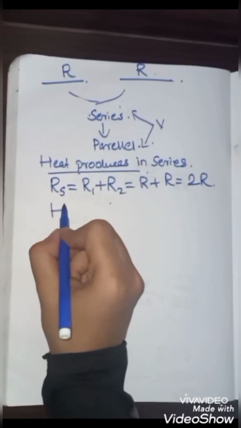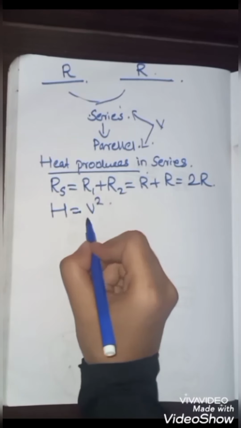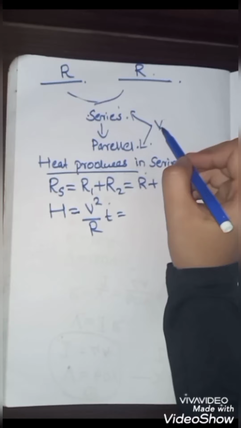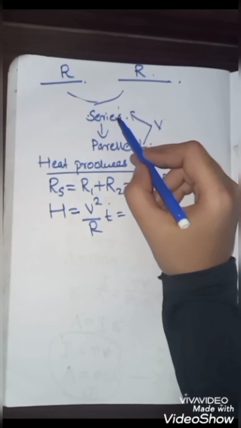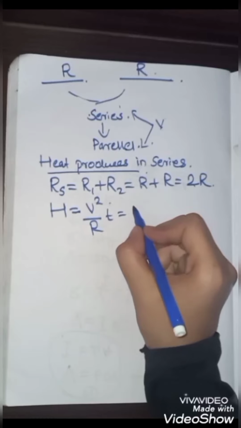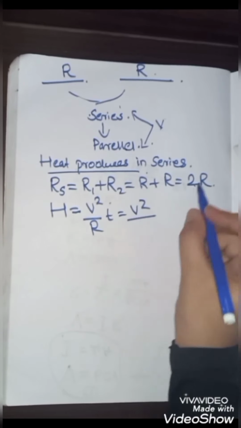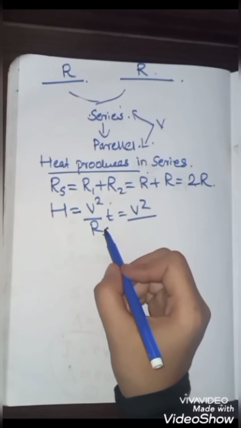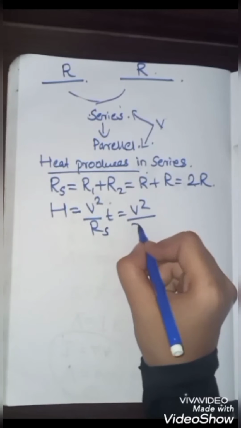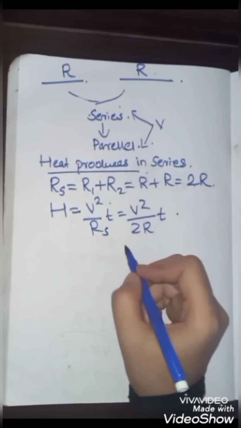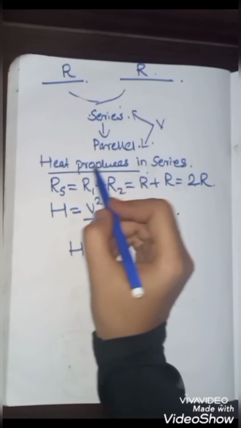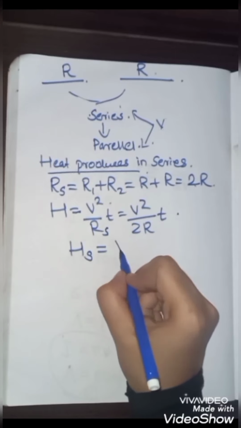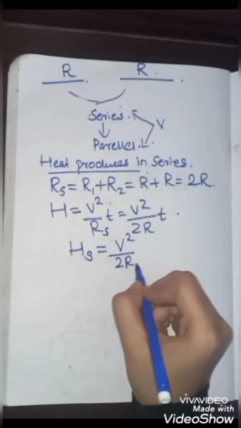We can use the equation H is equal to V square by R into T. The potential difference V is the same in series and parallel connection. So the resistance in series connection is 2R. Let the heat produced in series connection be Hs. Therefore, Hs is equal to V square by 2R into T.